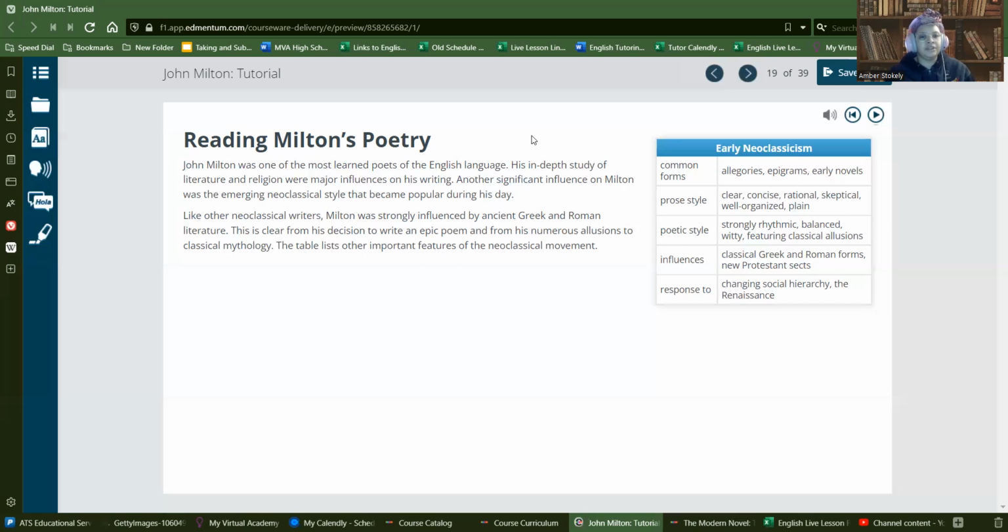And the early neoclassicism was a response to the changing social hierarchy and the Renaissance. So written in response to everything that was going down with Oliver Cromwell, his son, and the labeling of Charles the second as the new king, all of those things.